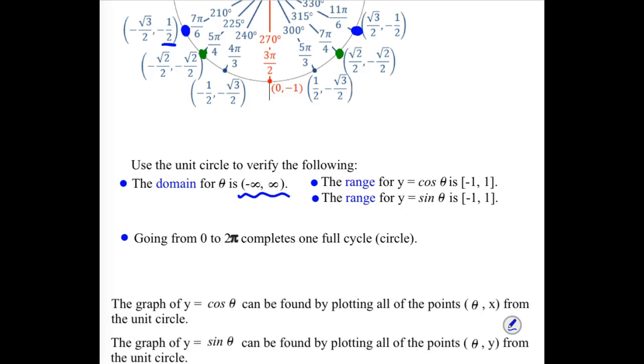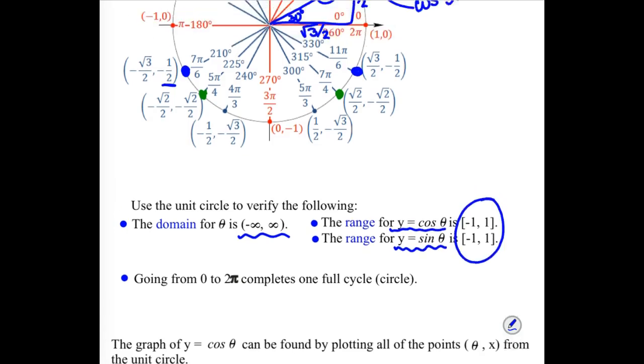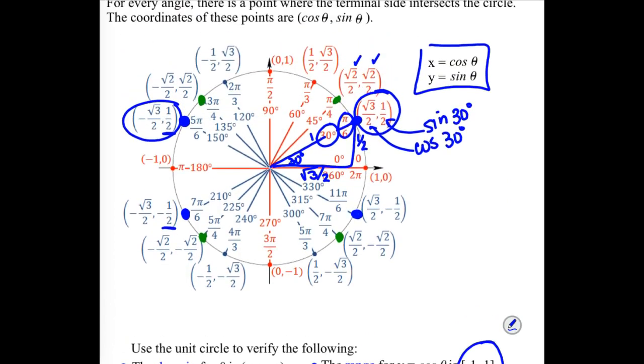The range for y equaling the cosine of theta or y equaling the sine of theta, either way, our range goes from -1 to 1. And if we look back at our picture here, our 4 main points, we are the farthest away from the origin at those 4 points. And in each case, our x value is going from -1 to +1.